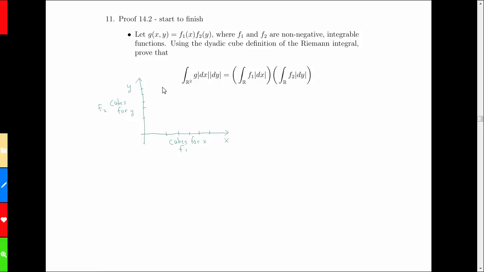And the cubes for g are the Cartesian products of these. We got 4 cubes for x. We got 4 cubes for y.